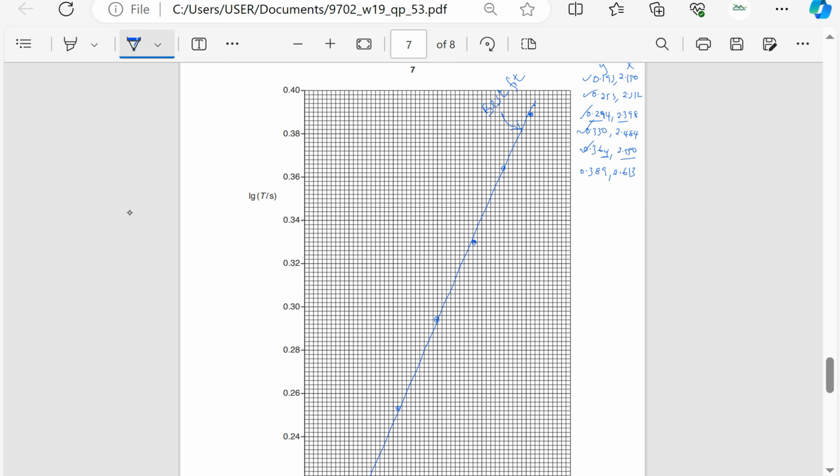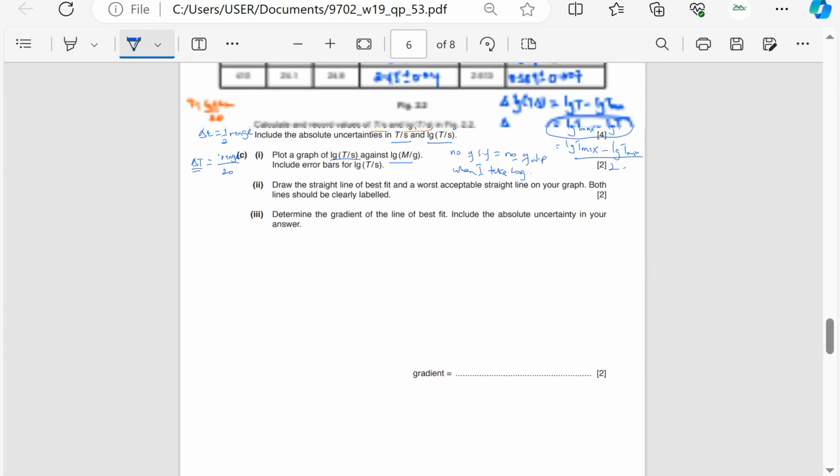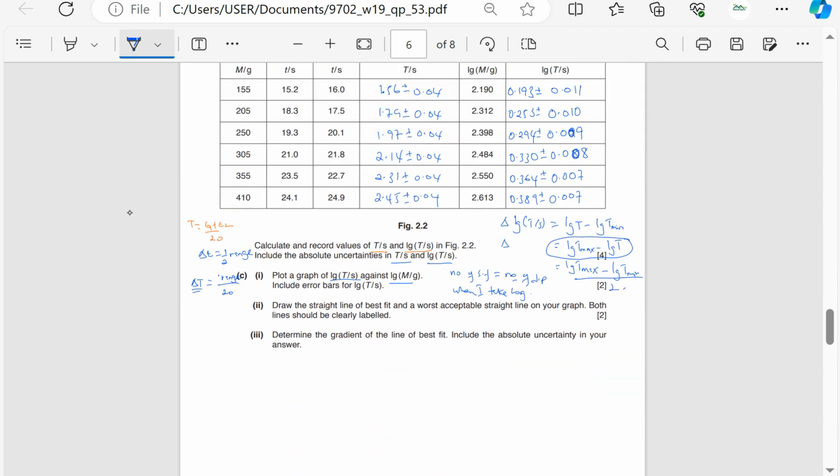Okay. Then I have to plot the error bars, which are required. Include error bars of log of t. So we are going to plot 0.007, 0.007, 0.008. Because log of t is on the vertical, the error bars are going to be vertical like this one here.